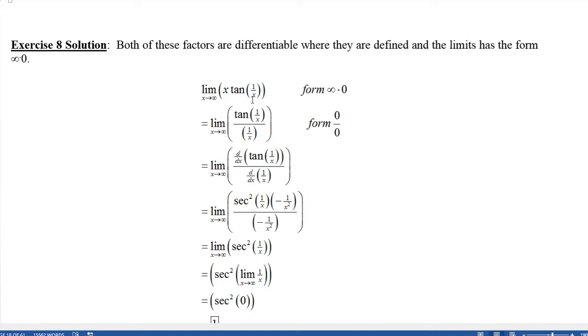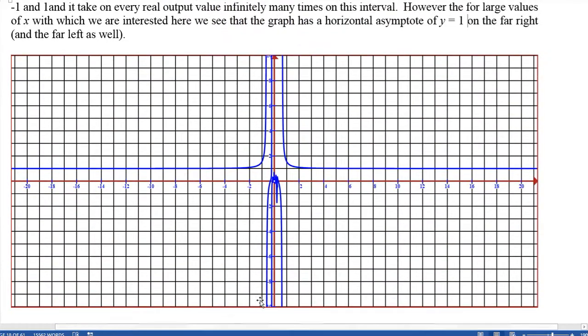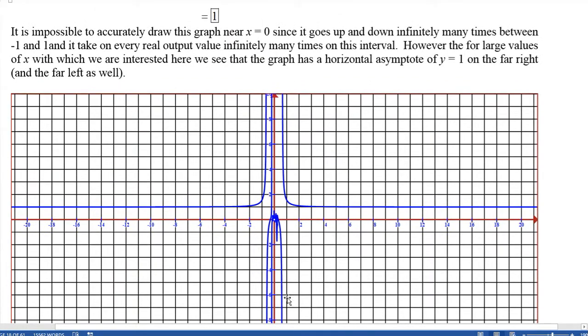And so the tangent then takes on basically all kinds of numbers in between there. And so this thing is jumping up and down crazy in here with lots of ups and downs and vertical asymptotes all over the place. And so it actually doesn't have a limit as x goes to 0.